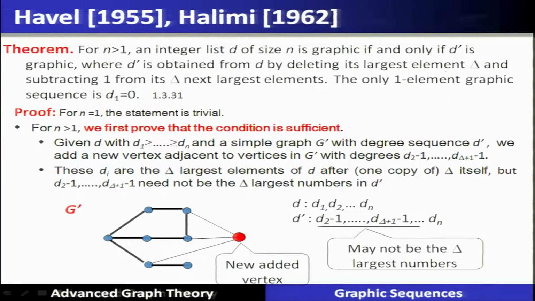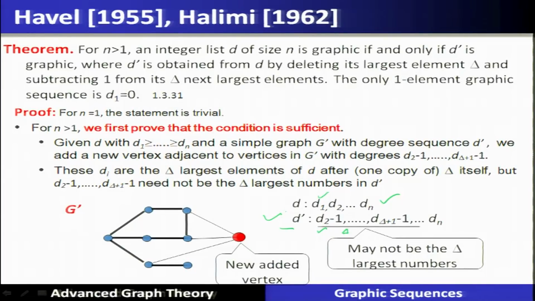So, we can see here that D is given as D1, D2 and so on up to Dn, and the D prime which we obtain is basically nothing but this: if we remove D1 and reduce the degree of those delta number of elements, D2 to D delta plus 1, by 1, and the degrees from D delta plus 2 up to Dn are not touched. So, that is nothing but D prime.